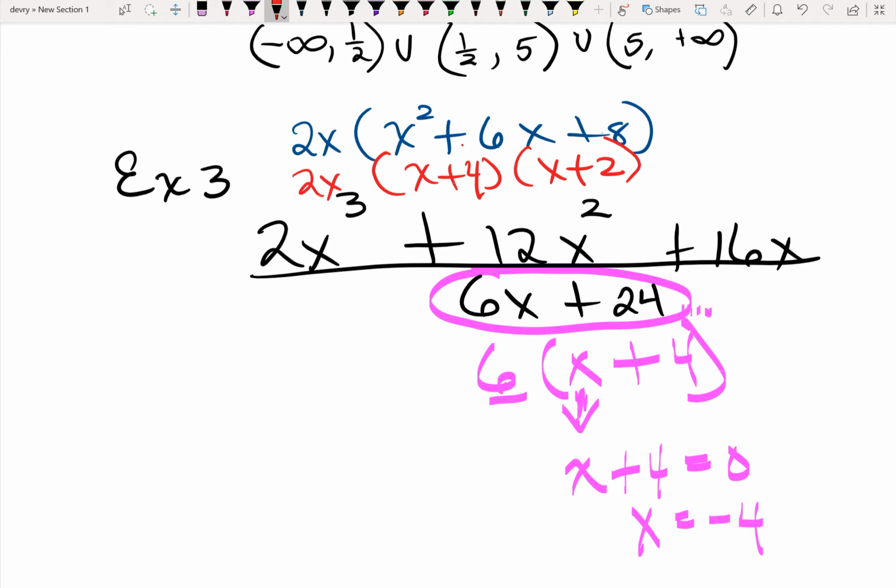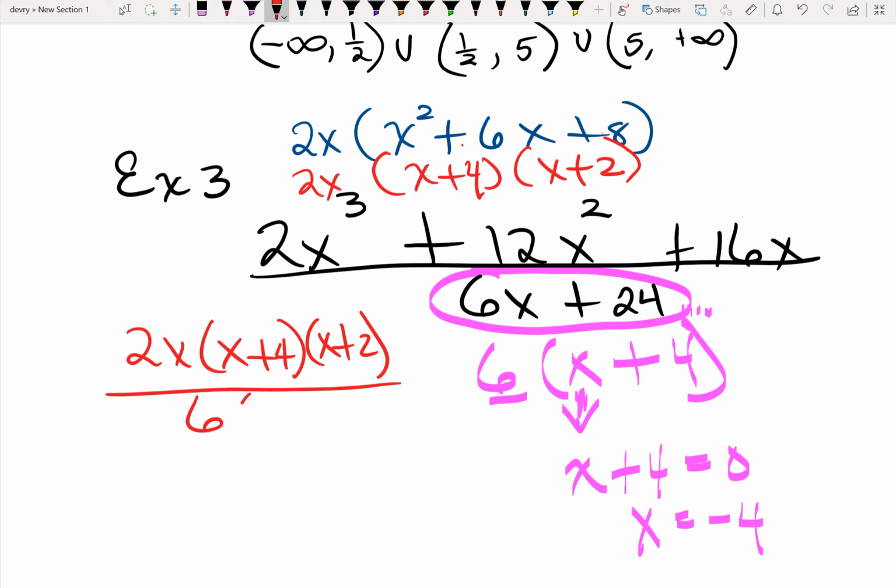There we go. What happens here is that you end up with 2x, x plus 4, and x plus 2, and all of this, once factored, is over 6 times x plus 4. So you notice that if you're not careful, you're immediately going to reduce the x plus 4 out of the equation, and you're left with 1/3, which will leave you with x times x plus 2 over 3.